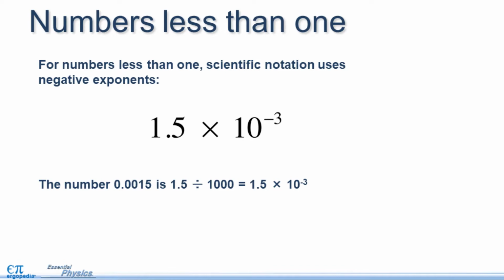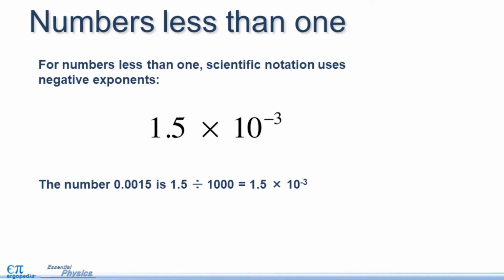For numbers less than 1, scientific notation uses negative exponents. So for instance, if we have the number 0.0015, it's really 1.5 divided by 1,000. Well, 1,000 is represented as 10 to the 3. So it's really 1.5 divided by 10 to the 3rd power.